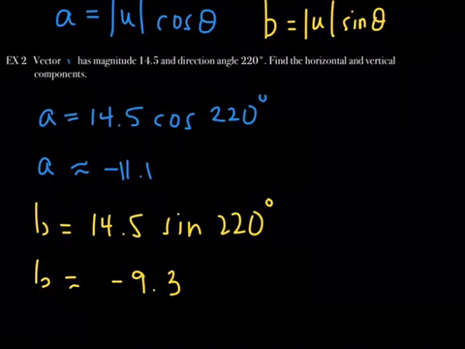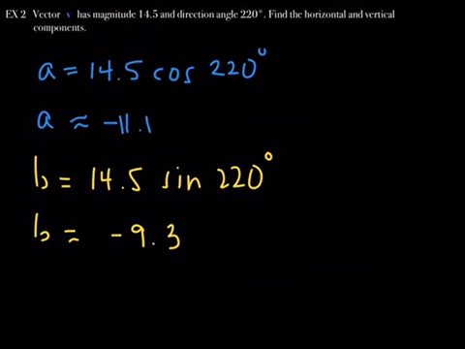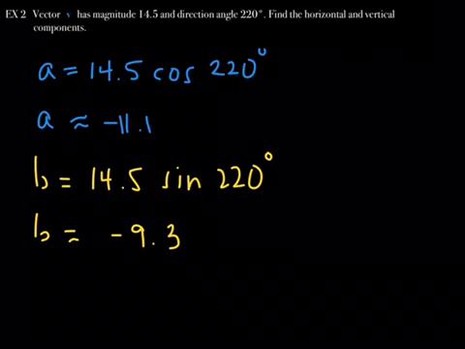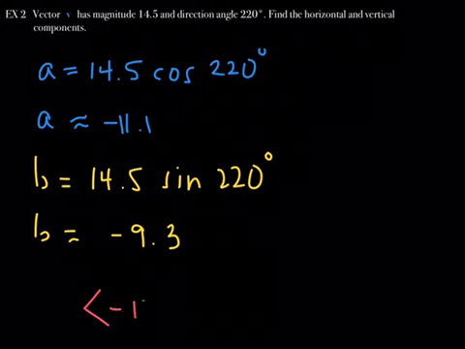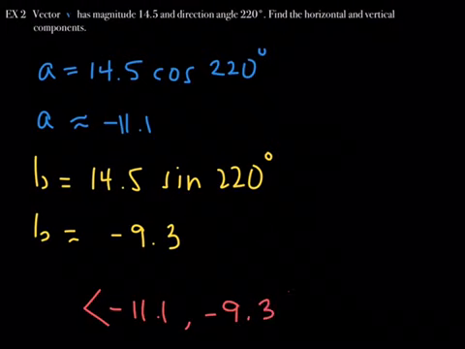Okay, so then my answer for the components is the following. So we have this vector v, right? And it has these components, negative 11.1 approximately, comma, negative 9.3. I'm using the special vector notation, okay?